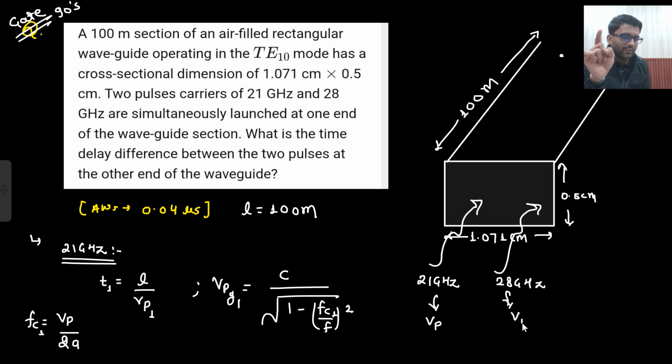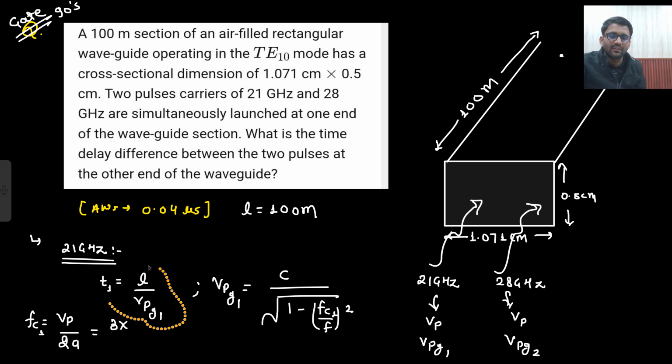But the guided phase velocity will be different, because the guided phase velocity depends on frequency, 28 gig and 21 gig. But this velocity doesn't depend on frequency. This will be the same only. Why is this the same? Because it is Vp by 2a, and here Vp will be 3 into 10 to the power 8 only. So here also I should write Vp G1, guided phase velocity.